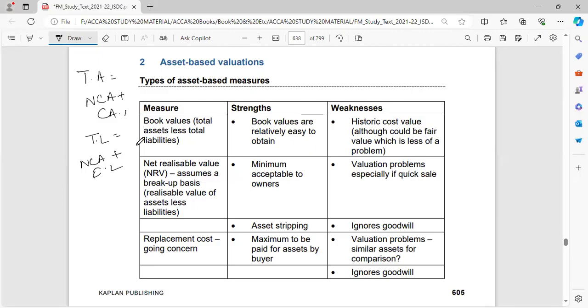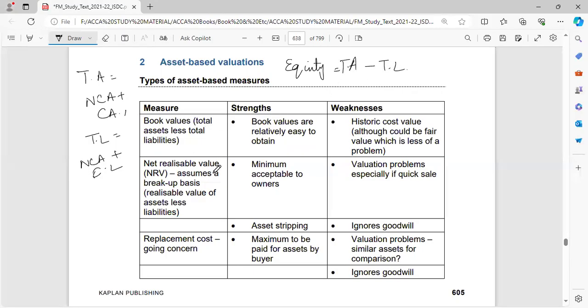So identify these values carefully. In fact, the difference between total assets and total liabilities must be equal to what? It must be equal to equity. We can say that this is the basic accounting equation. Equity is what? Equity is equal to total assets minus total liabilities.